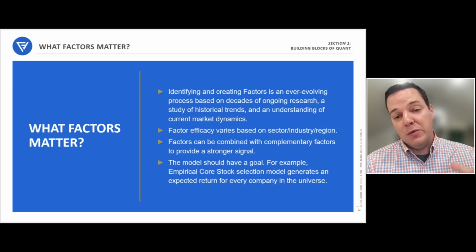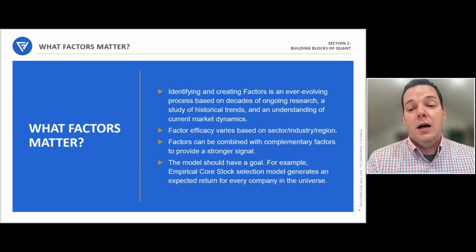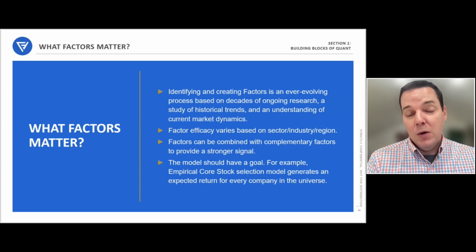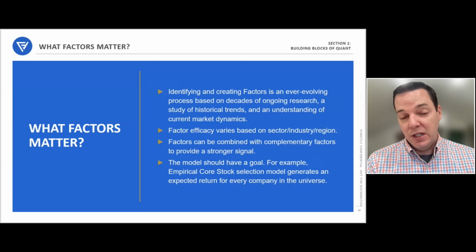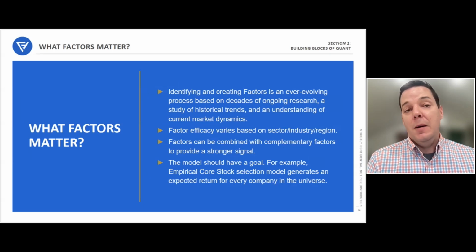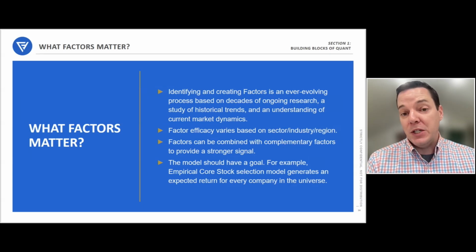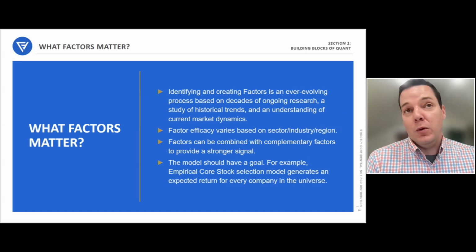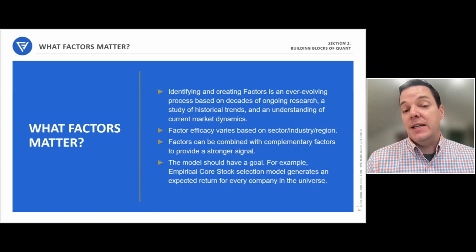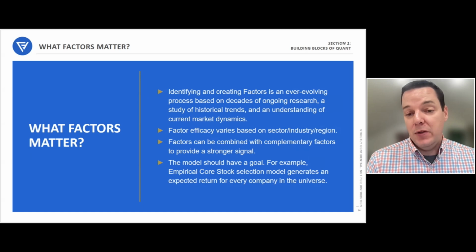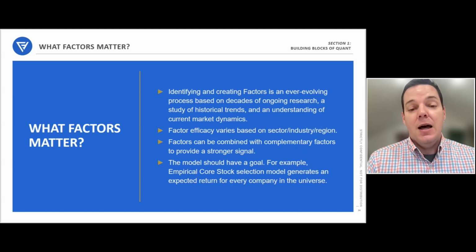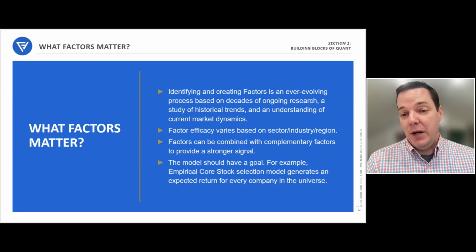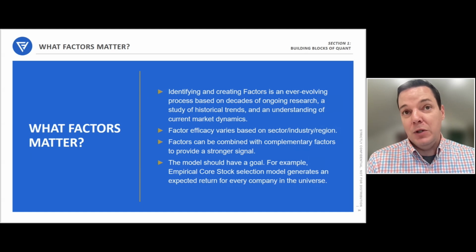And then, like we mentioned before, the combination of factors can be complementary, right? So looking at valuation with sentiment or looking for good price momentum with low volatility. What we're looking for with the combination factors that we use is a stronger signal. We want them to be better than the individual parts, but it's not a situation where every combination is ultimately going to be useful.